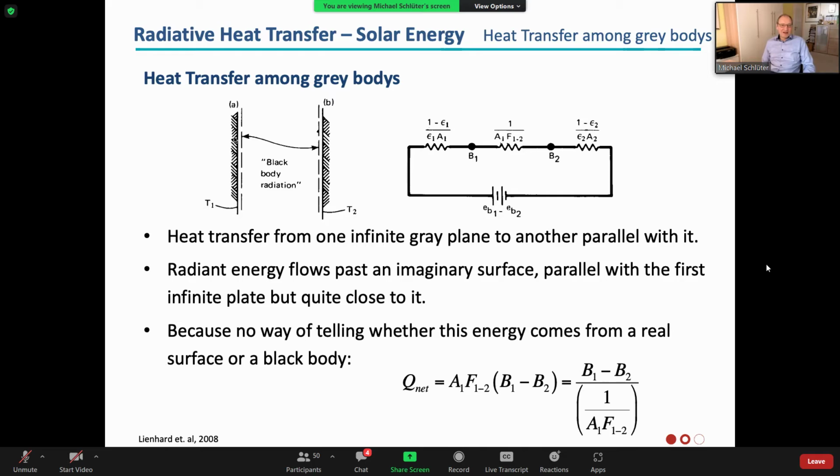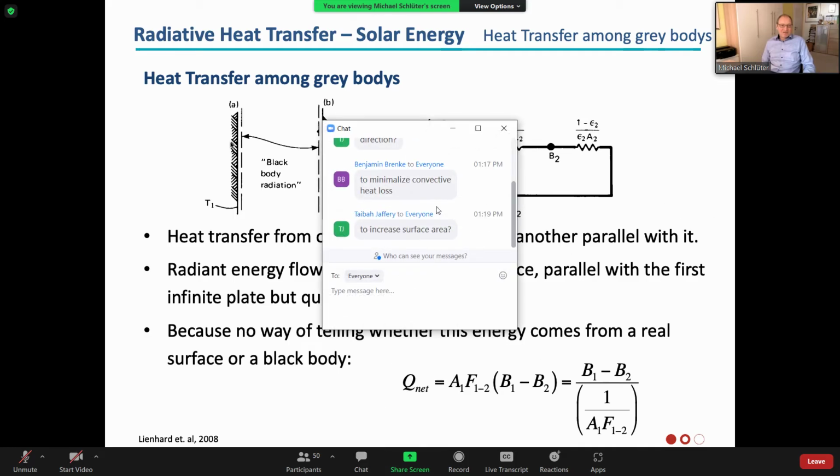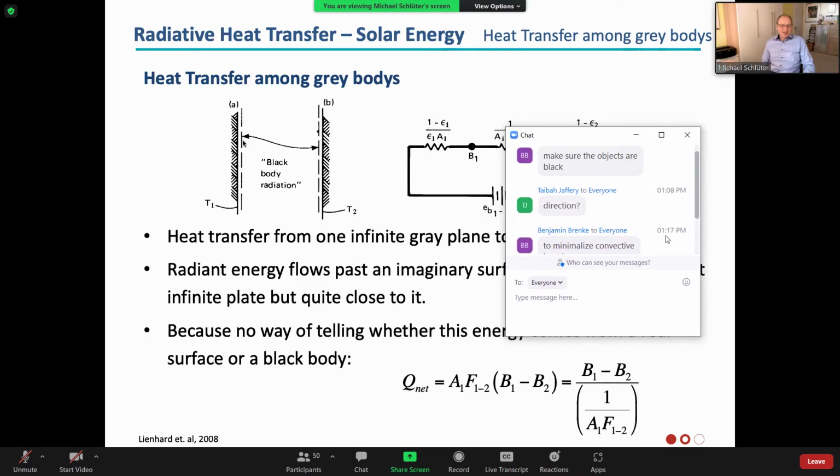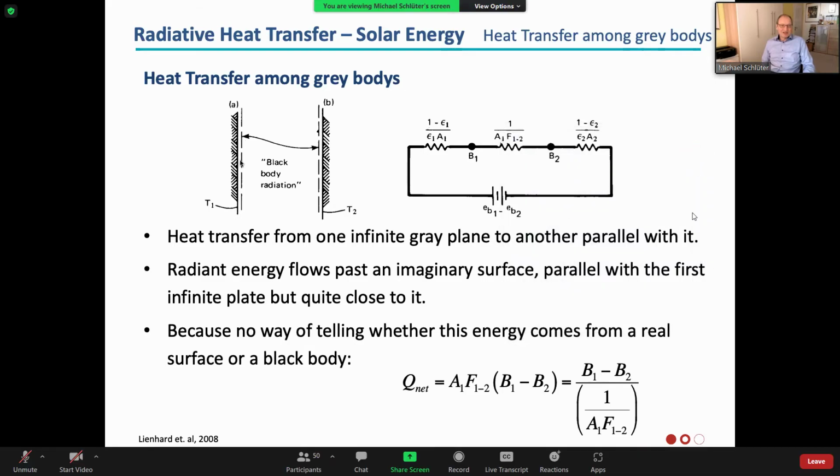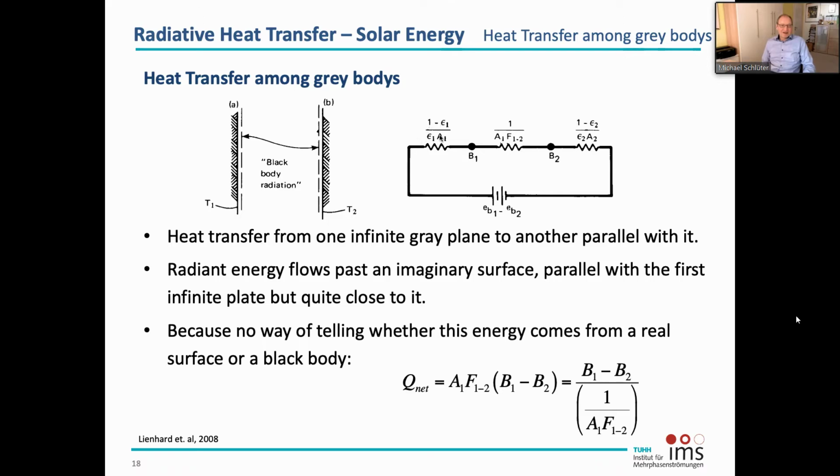First of all, let's say we have a black body on the left-hand side, and what changes the black body emission to the real emission of the gray body is this first resistance here. This is shown here with these dashed lines. So the first resistance is 1 minus epsilon 1 divided by epsilon 1 multiplied by A1. That is what we just defined as a resistance, and this changes our black body to the gray body, to the real body emission.